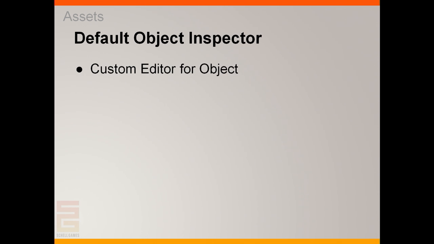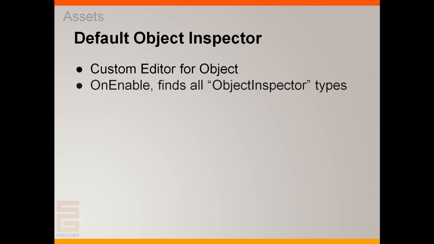So this is going to draw anytime I have selected a directory, an unknown file extension, a scene, or a root asset. And then on enable of that inspector, we use reflection, step through all of the types in your assembly, and find everything that inherits from object inspector, which is a class that we are defining. We use Assembly.GetTypes to get the types.